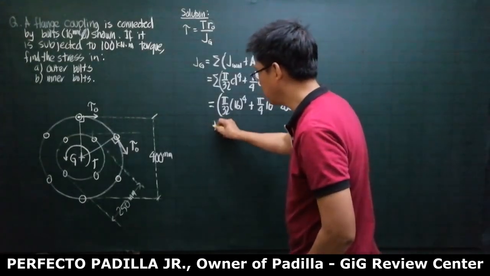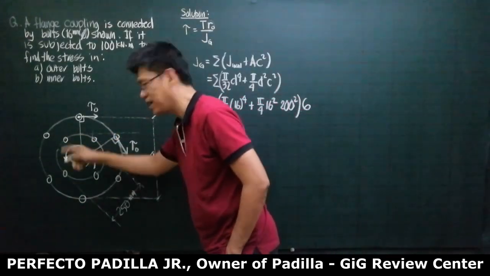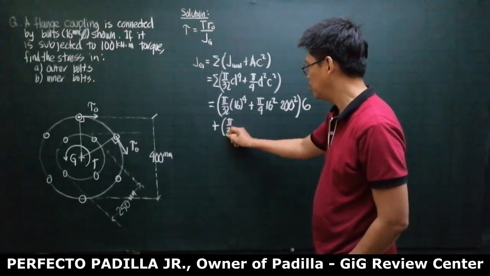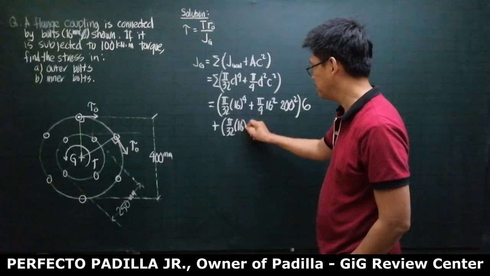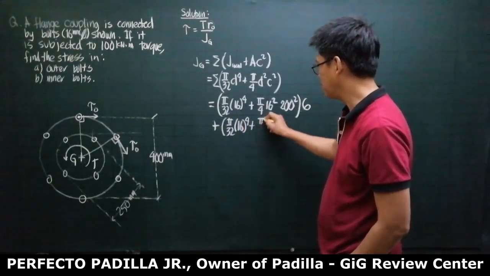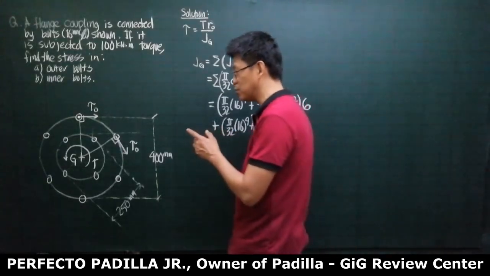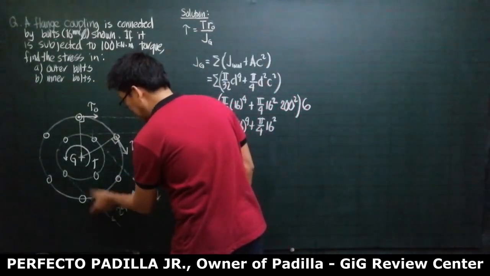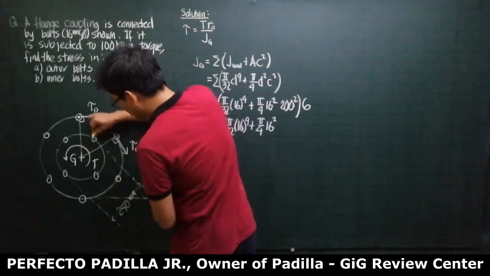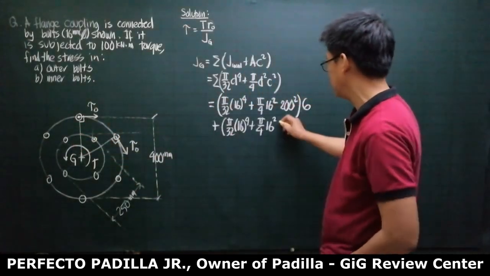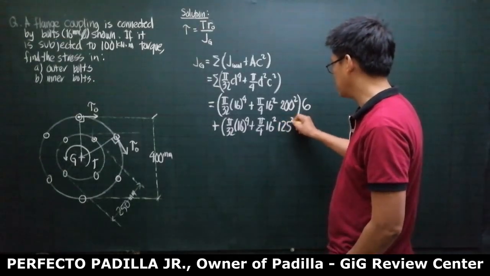However, you still have 4 bolts in the inner circle. So this is pi over 32 d to the 4th plus area pi over 4, 16 squared, transfer distance squared. Since this is 250, the radius is 125. So from local centroid to global centroid, that is 125. So 125 squared.